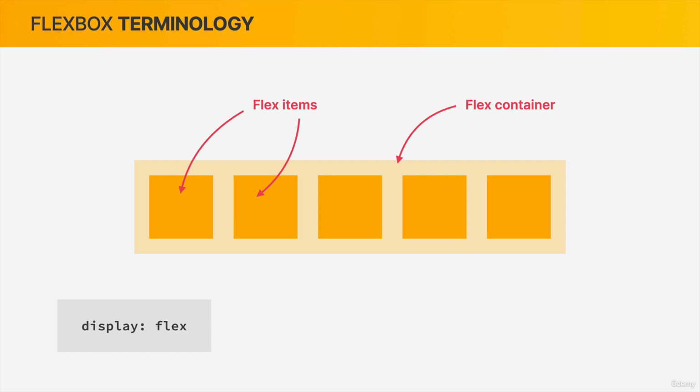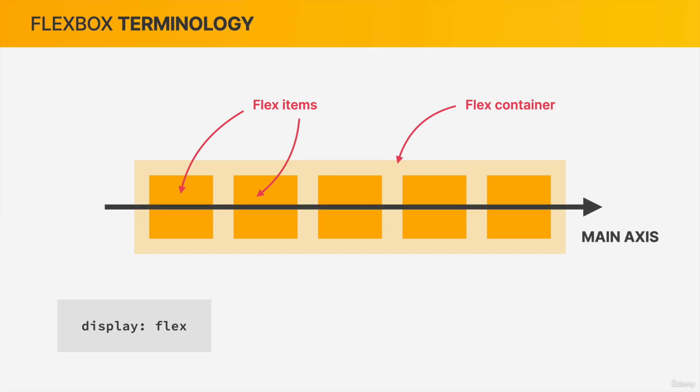Now, the direction in which these Flex items are laid out is called the main axis, which is represented with this arrow here. Then, the other perpendicular axis is simply called the cross axis. And it's important to know about these names because we can actually change the direction of the main axis and so therefore also of the cross axis.